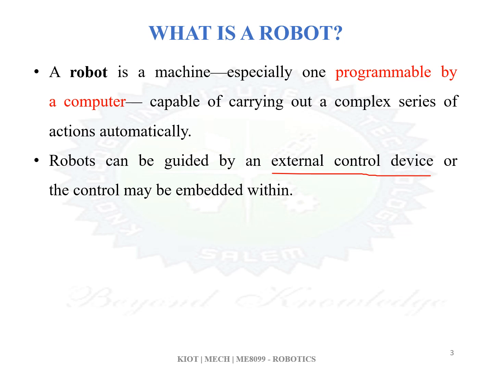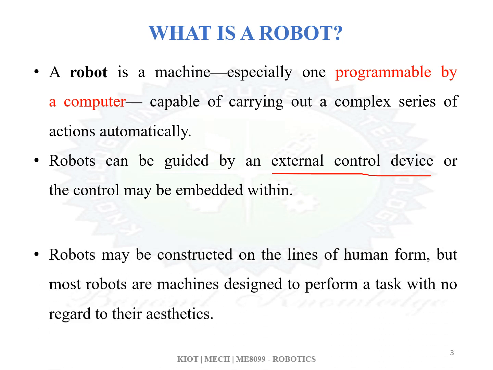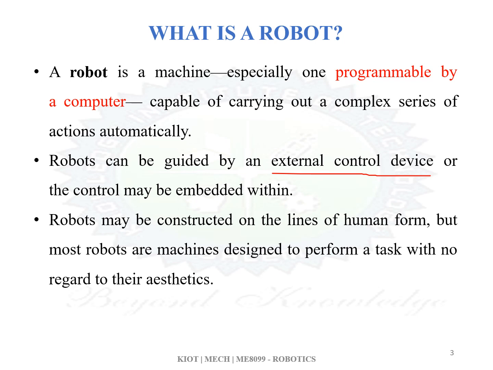And our next slide says robots can be constructed on the lines of human form, which means many robots like humanoid robots are constructed just like a human. Okay, that is mentioned here in the human form, but most robots are designed to perform a task with no regard to aesthetics, which means in constructing many industrial robots, people don't look into the aesthetics.